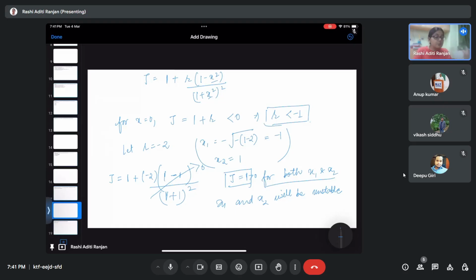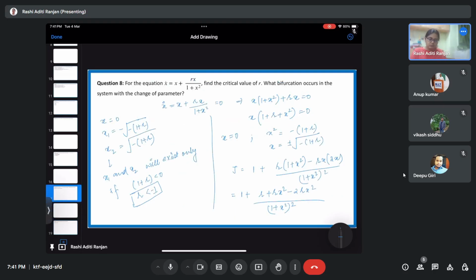So now if I try to plot it, what will I see? This is my stable 0. This is my unstable. This one is nothing but r equals minus 1. And I have two unstable branches. So this is nothing but a case of subcritical pitchfork bifurcation, correct?